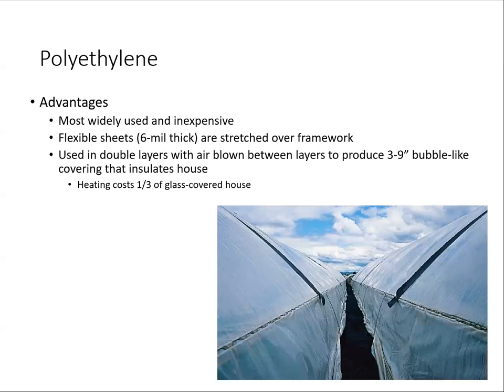The first one we're looking at is polyethylene. So this is the hoop house situation where there's the pipes that go up and over, and essentially you're covering this with 6 millimeter thick polyethylene sheets that are stretched over the framework. These are really widely used and inexpensive. They don't have very good light transmission, which can be great for a lot of crops.